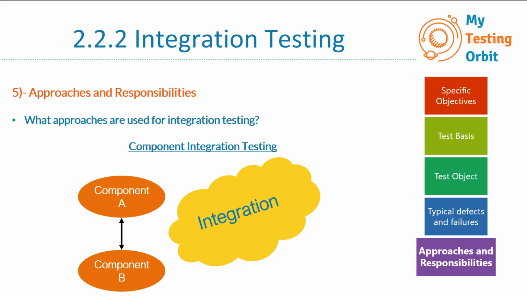And why is that? Because functionality for each component individually should already have been tested in component testing. Each component should have been tested thoroughly there, so that now in integration testing, all we have to focus on is the integration between these components.